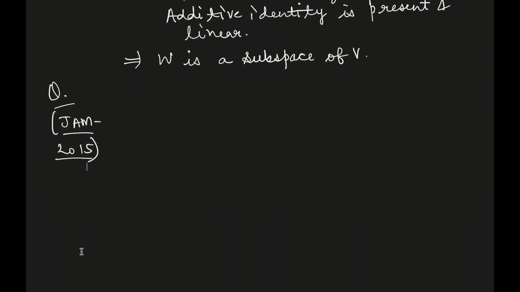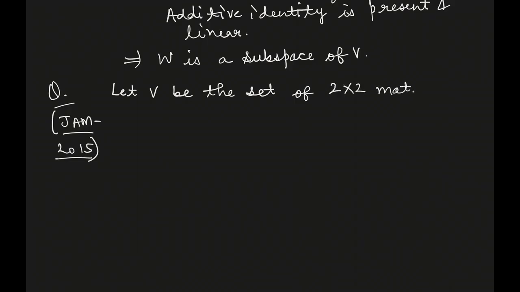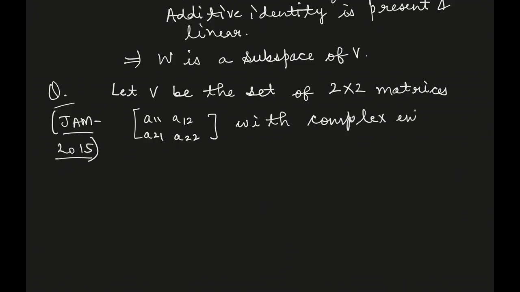So in this question, more than one option can be correct. Let V be the set of 2 cross 2 matrices with entries A11, A12, A21, A22 complex, such that A11 plus A22 equal to 0.